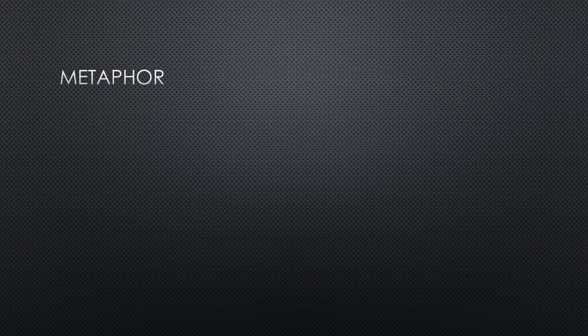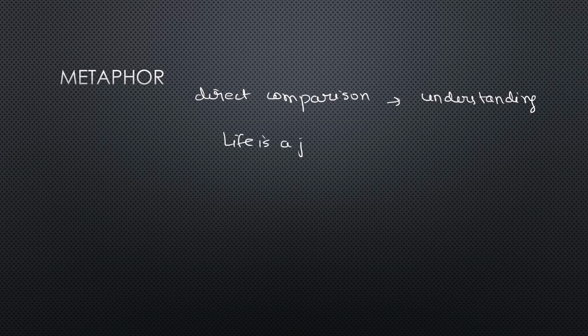Then we have metaphor. Now in metaphor also we have comparison, but here we have direct comparison, and we want to create a level of understanding here. So we don't use like or as, we directly compare. For example, life is a journey. So it has a deep meaning.